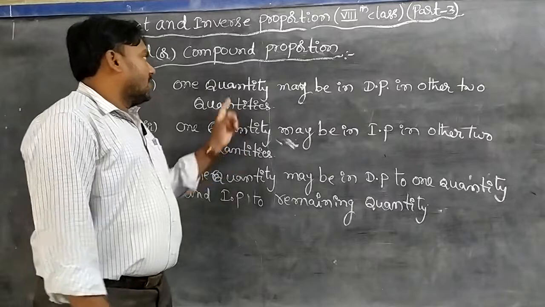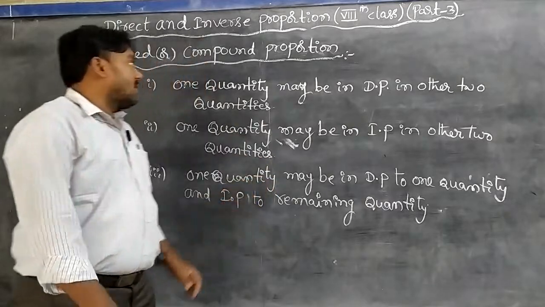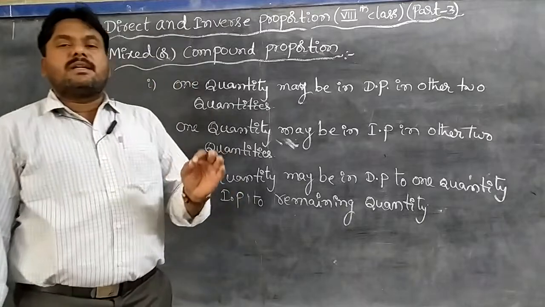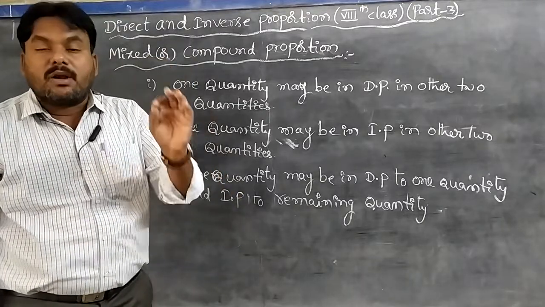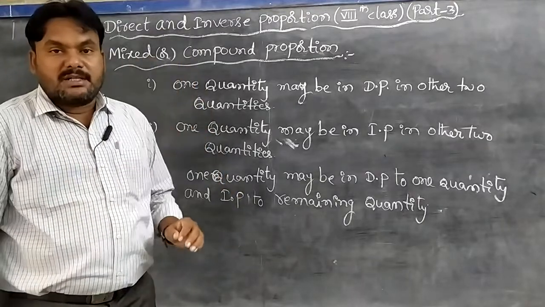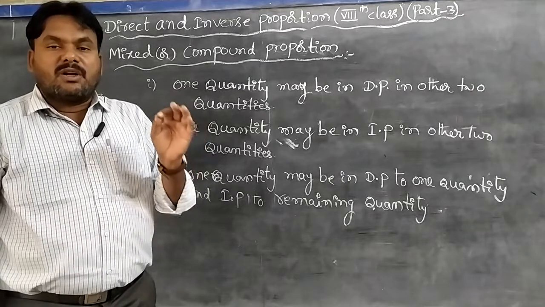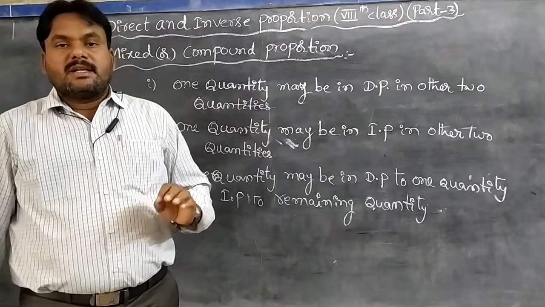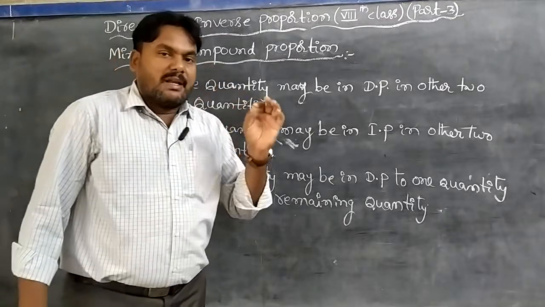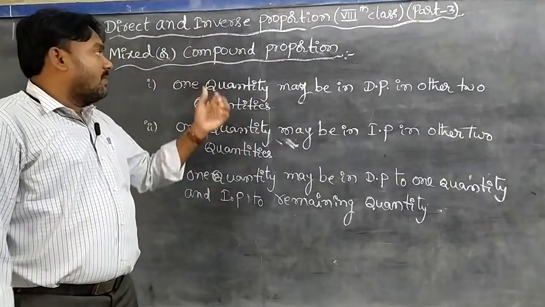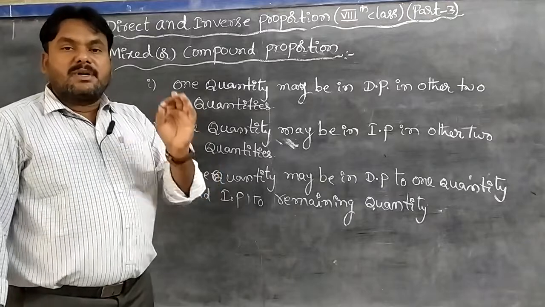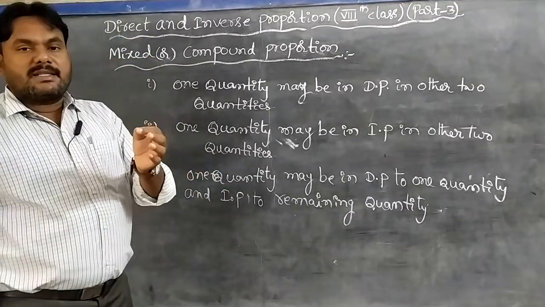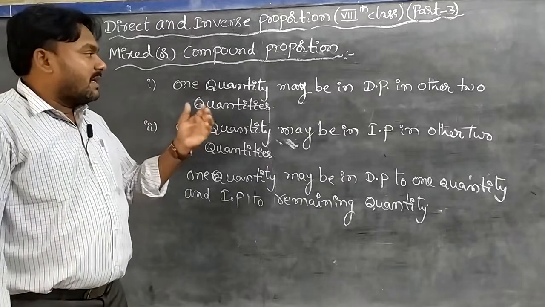Once again, mixed or compound proportion: sometimes one quantity changes in proportion to two or more quantities. At that time, we equate the one quantity to the compound ratio of the other two quantities. To find a compound proportion, three quantities are compulsory. In these three quantities, how many cases are there?